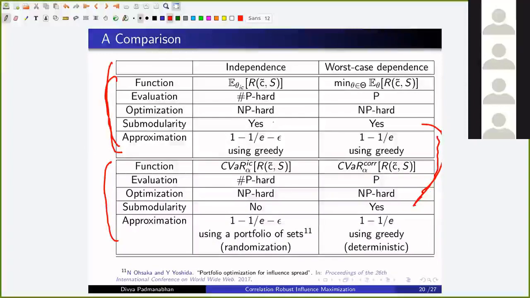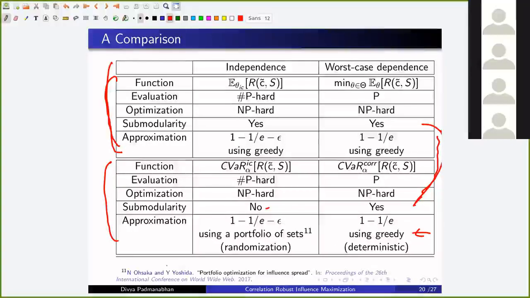For the independent cascade model, under expectation, it still retains submodularity, but under CBAR, submodularity is not retained. Whereas for the worst case, submodularity is still retained when you go for CBAR worst case. And that allows us to use the 1 minus 1 by e approximation guarantee for the greedy algorithm.